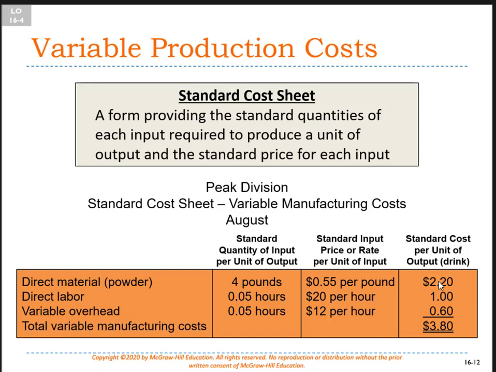So the point is, 2 things can happen that will impact our actual versus this standard. We can use more or less pounds, more or less powder than would be planned. We could use more than 4 pounds per unit or less than 4 pounds per unit.